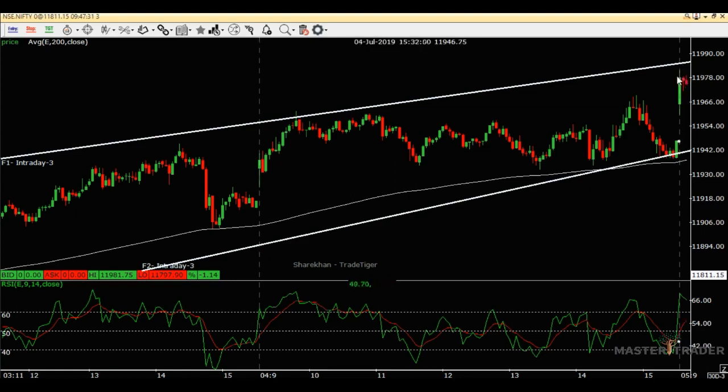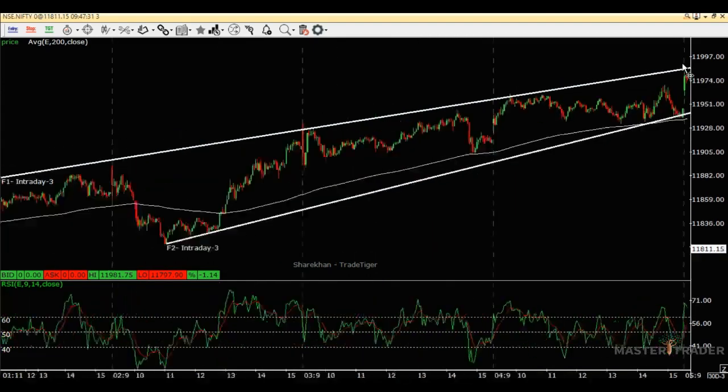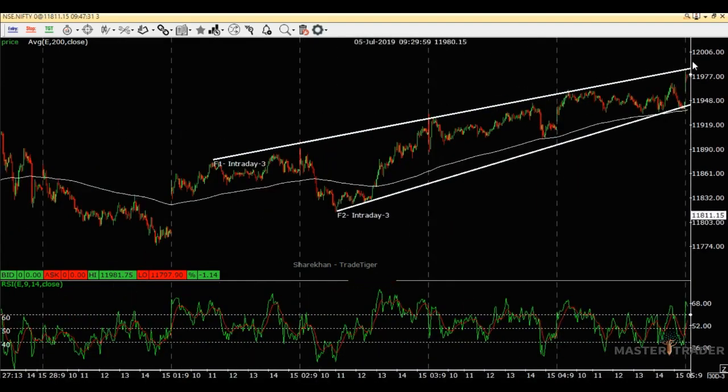Okay, so this would have been a perfect selling opportunity, because data is telling us that price will not go above 12,000. Okay, means it is a sell on rise towards 12,000, and technicals is also telling us by this resistance level, this trend line, that we have resistance up here, right?